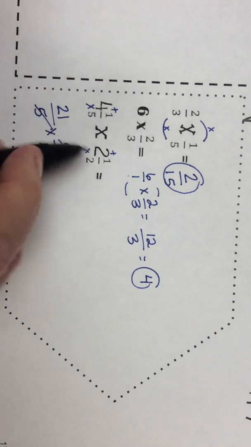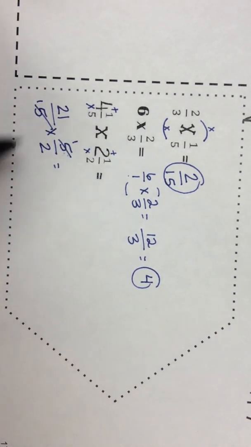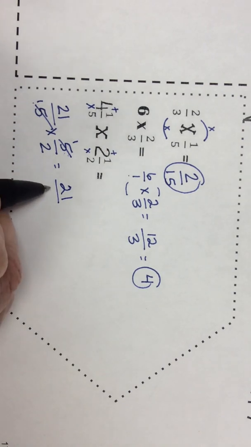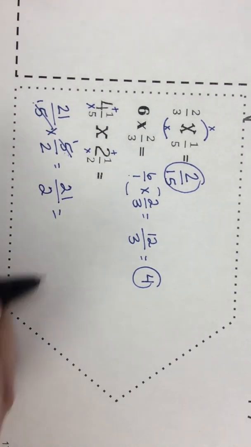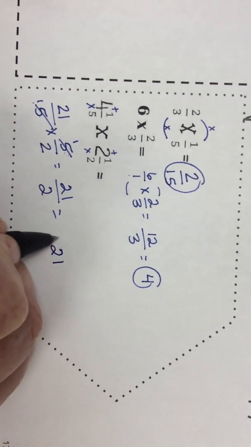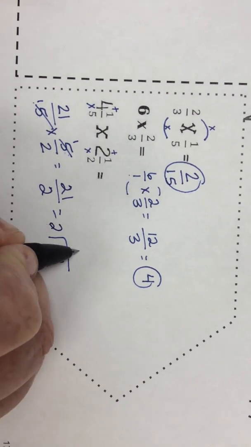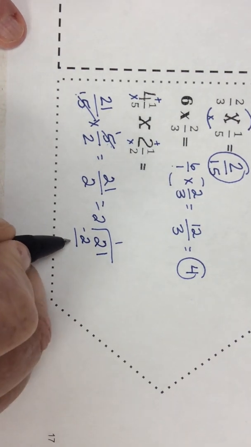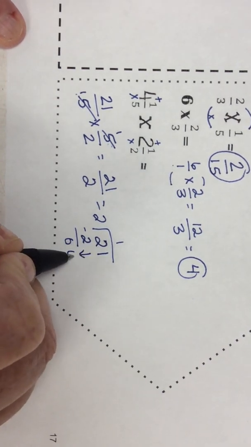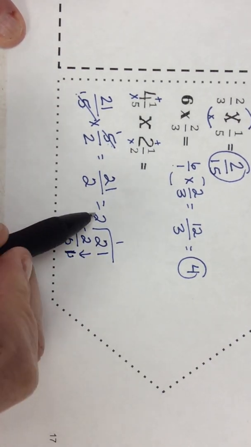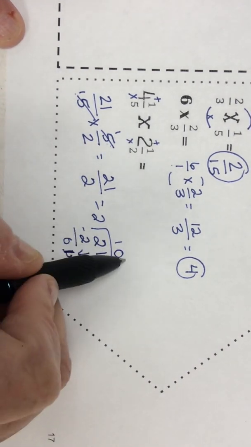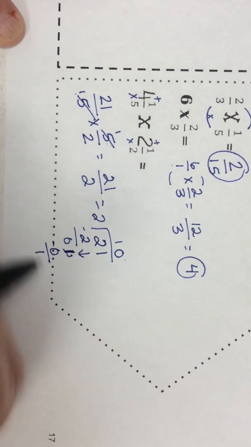So what I'm left with is, actually, I divide them both by 5, right? 21 times 1 is 21. 1 times 2 is 2. That's improper, so 21 divided by 2. 2 times 1 is 2, and I subtract and bring down this 1. 2 goes into 1 0 times, so 2 times 0 is 0, and I subtract and get a 1.